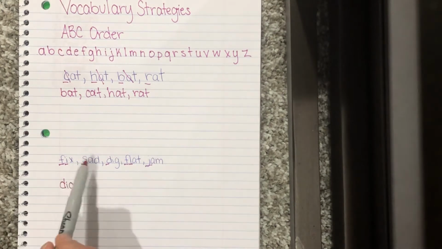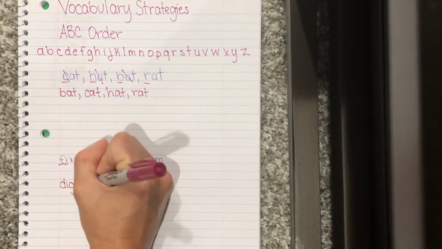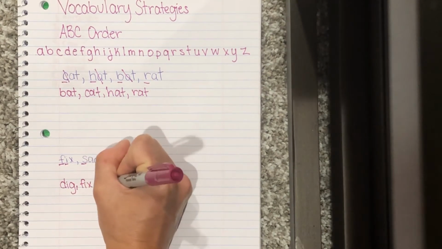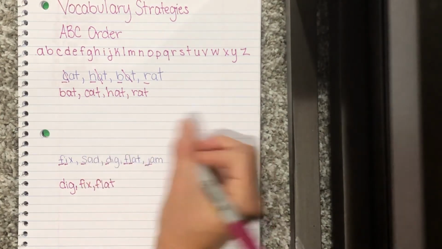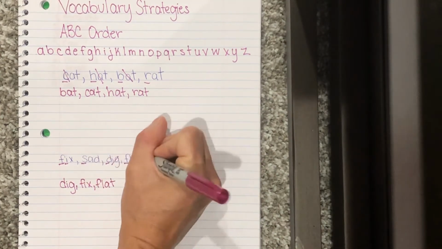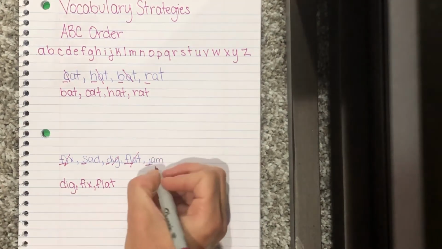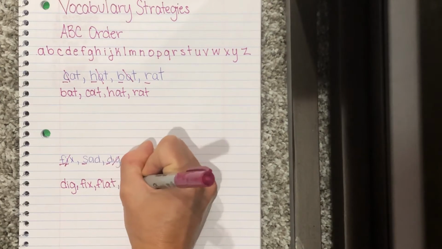So that means the word fix will be my first F word, and then flat will be my second. And then I keep on going. I'm going to cross off the words I've already used so not to confuse myself. And my next word will be jam and sad.